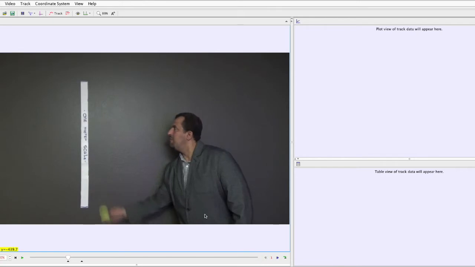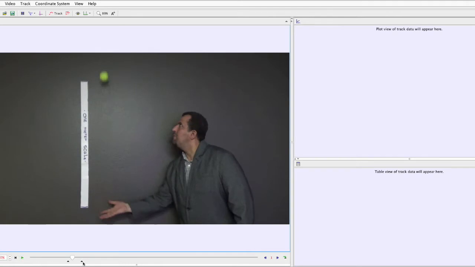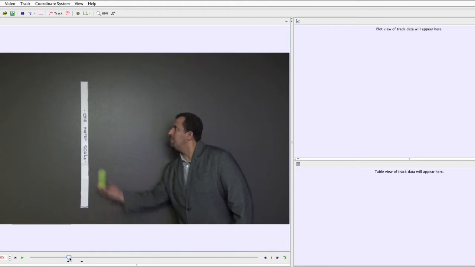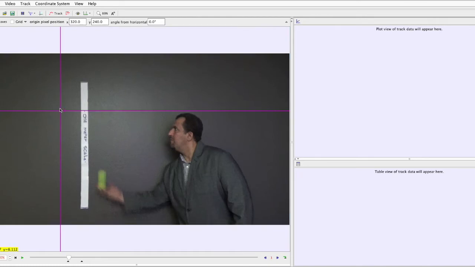Yeah. So now, what I will do, I will try to track this ball's movement, and to do that, I will start with the setting scale. So how can I do that? I need to have my scale to be right here.